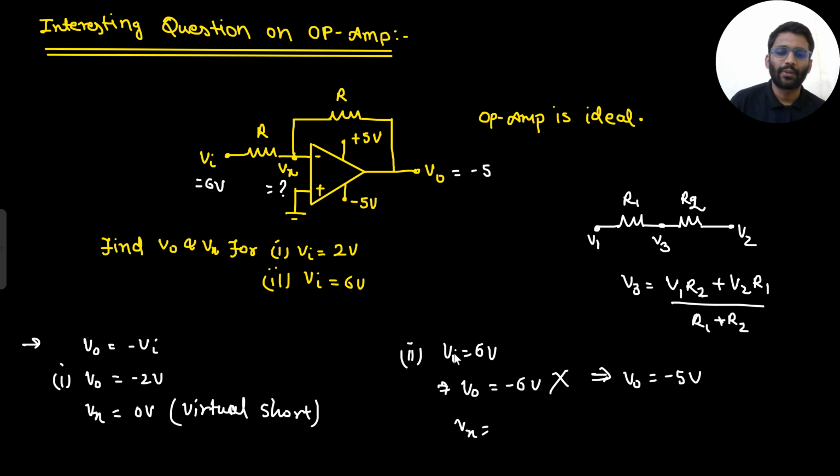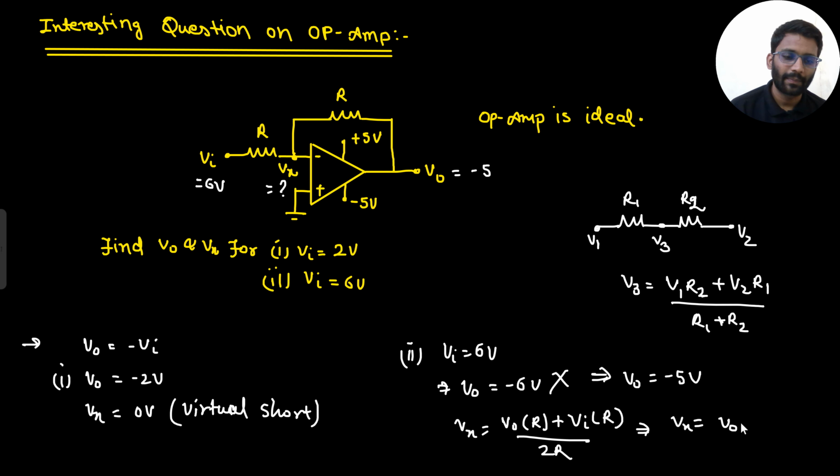Similarly, what will be the potential of Vx? V0 into R plus Vin into R, by 2R. So simply Vx would be (V0 plus Vin) by 2, right?